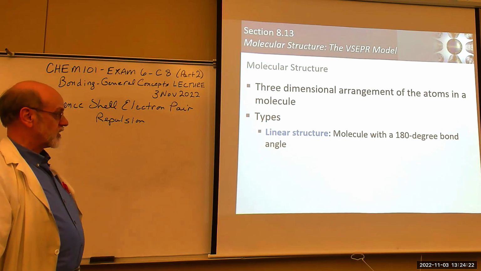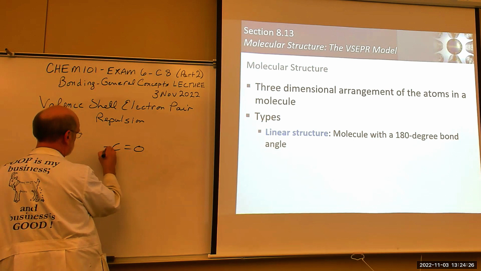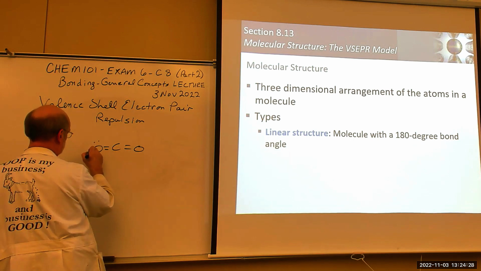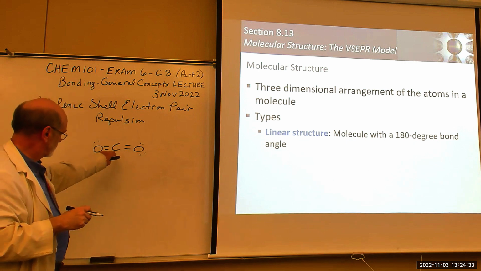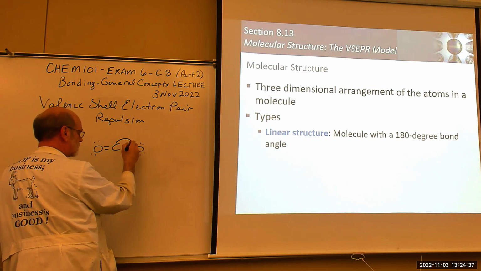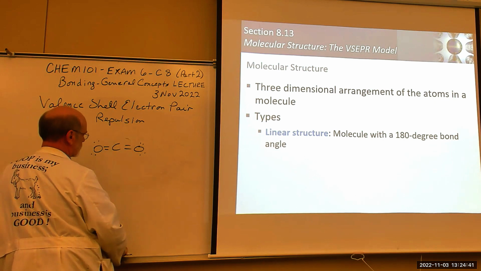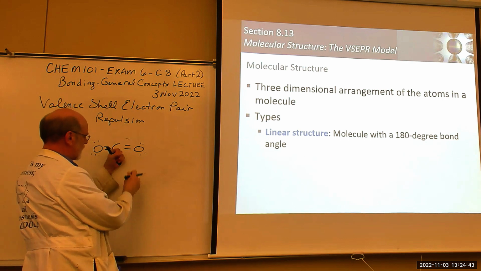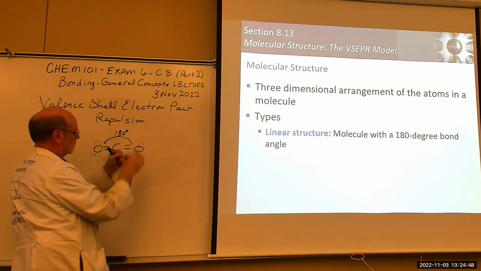We can have a linear structure, right? An example there is carbon dioxide. Linear structure. So the bond angle requires 3 atoms, right? There's your apex, and the bond angle here is 180 degrees.